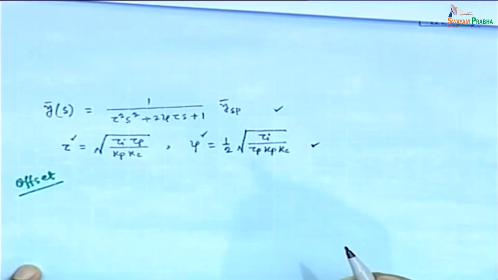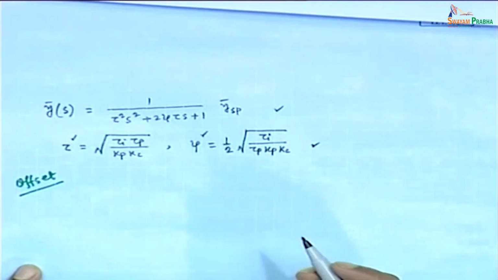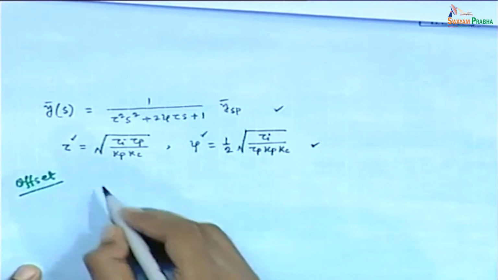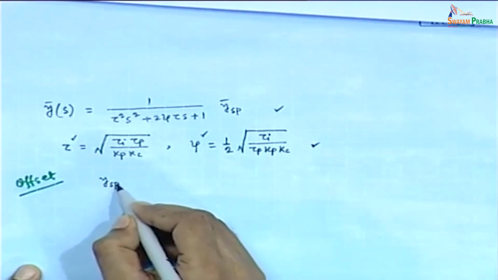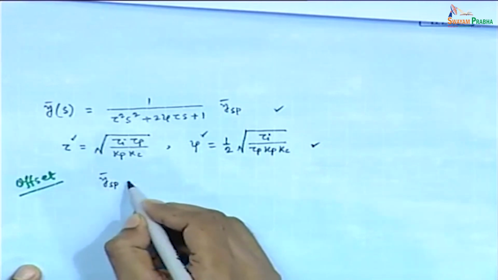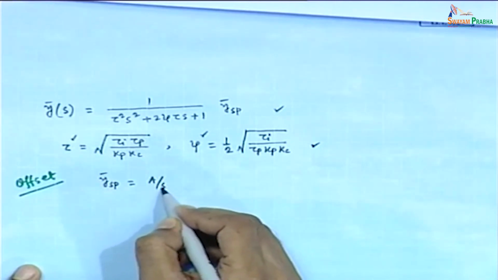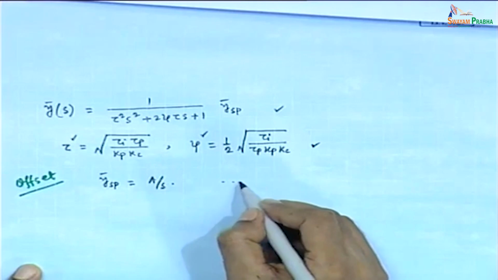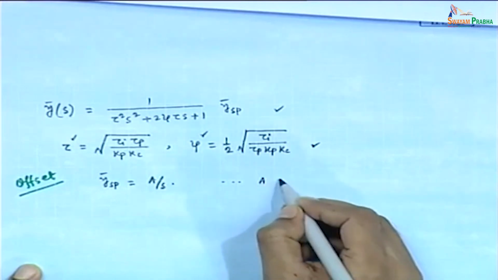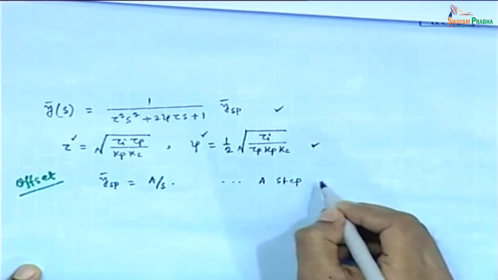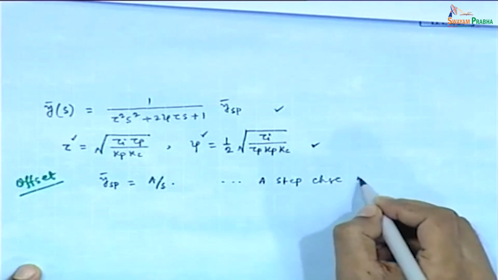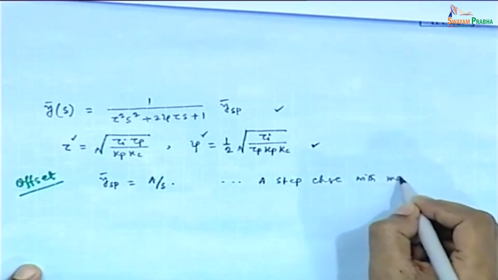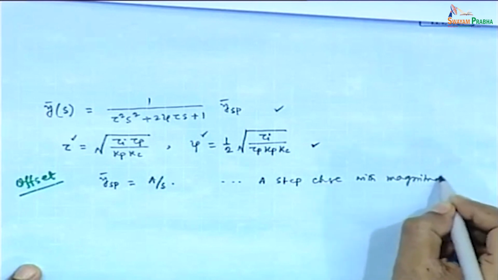Now, for determining the offset, we will consider a step change in set point with magnitude A. That means y set point bar is equal to A by s.